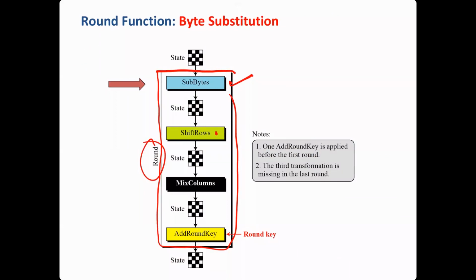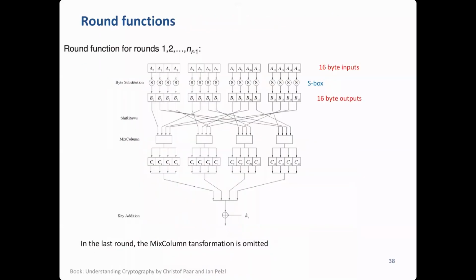Now we'll look at sub bytes. Byte substitution we have also seen in the case of DES. This is the function of byte substitution. You get data from inside and you do the byte substitution, wherein each one here is 16 bytes.